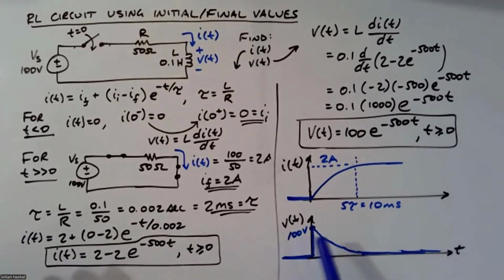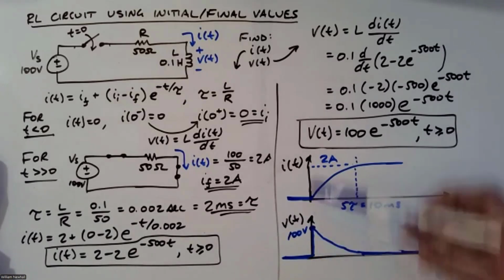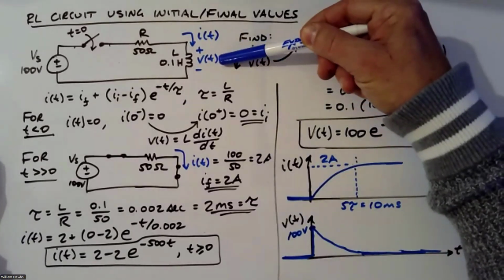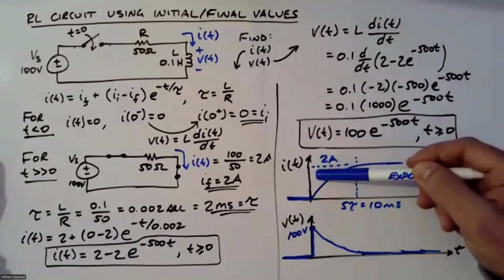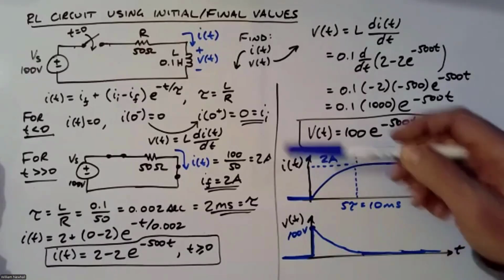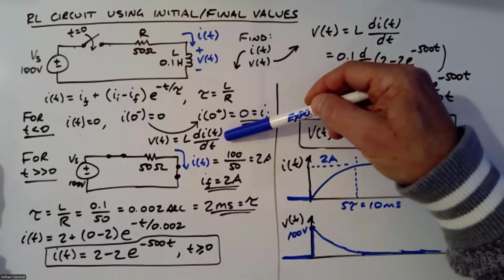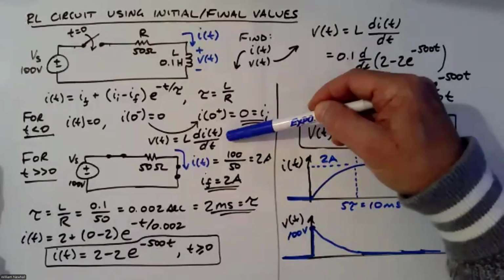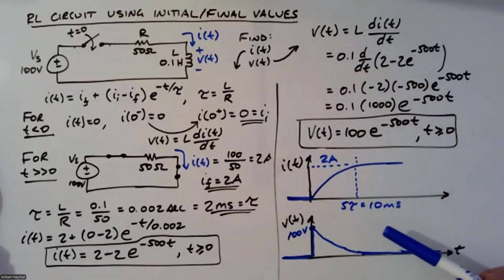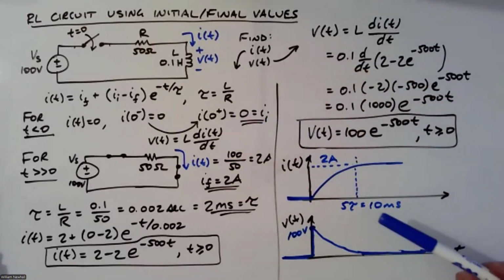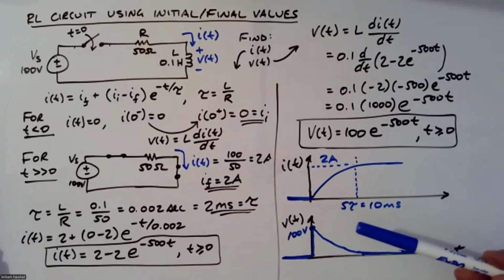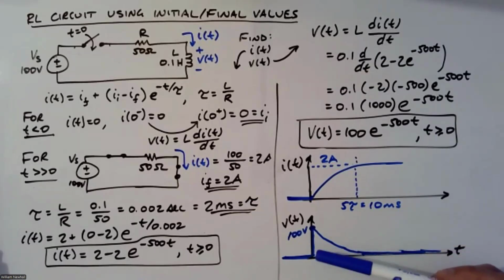But I wanted to point this out because it is totally fine to have a step change of voltage across an inductor, right? You cannot have a step change of current through an inductor because of this equation here. It's the opposite for a capacitor. For a capacitor, you cannot have a step change of voltage, but you can have a step change of current, okay?